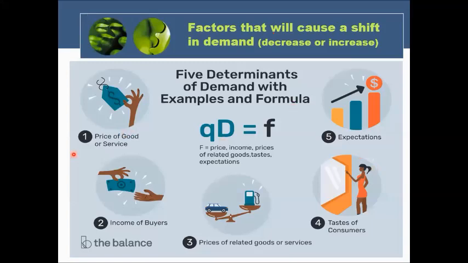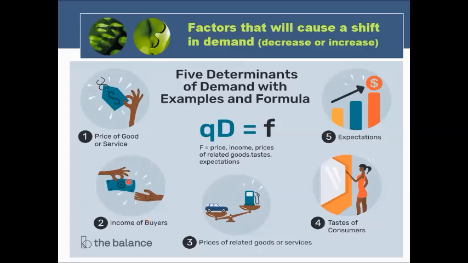So first, the price of goods or services. When the price of the product is increasing, you will not purchase the product except if you really need or are required to purchase it.